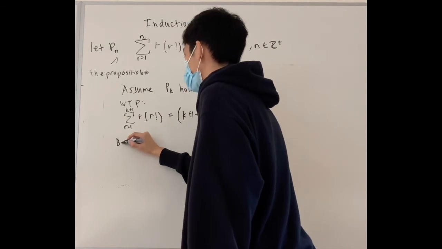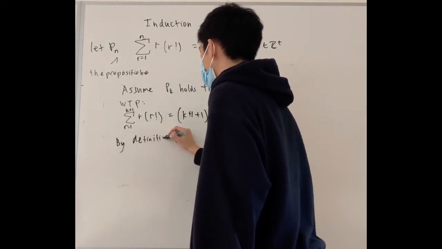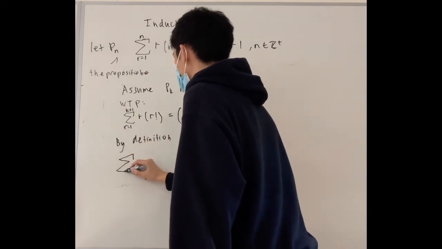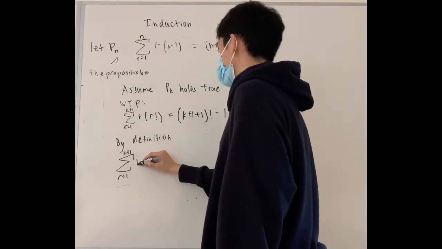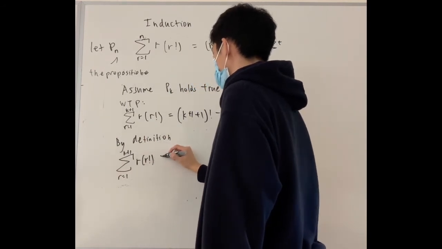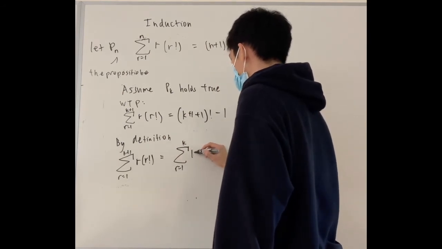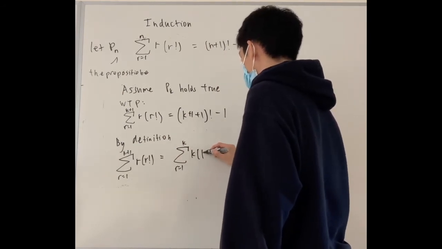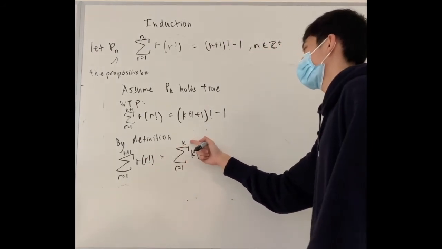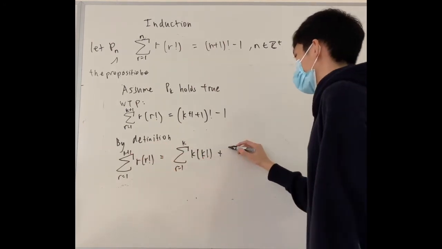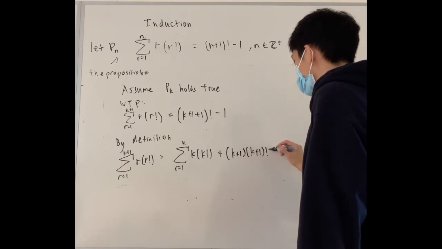By just the definition of what a sigma is, the sum from r equals 1 to k plus 1 is equal to the sigma from r equals 1 to k of r times r factorial, and then since it's sigma, if you take it up to the kth case, I want the k plus 1 term, which is k plus 1 times k plus 1 factorial.